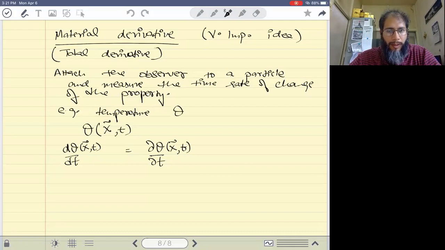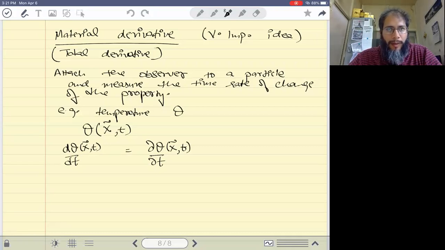So if you sit on any particle, and let that particle be particle A, then your capital X will be the position of particle A at t equal to 0. So if I put the capital X for particle A, then d theta by dt or del theta by del t denotes the material derivative of temperature for particle A. If I do it for all the particles, then I get the material derivative of the complete temperature field.